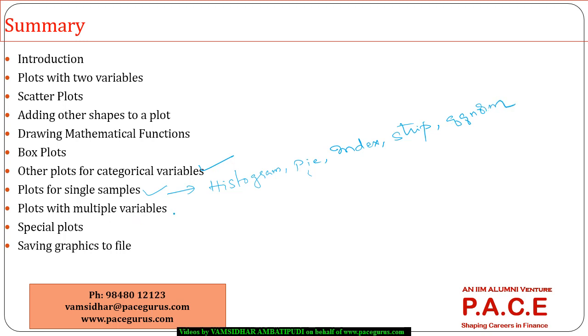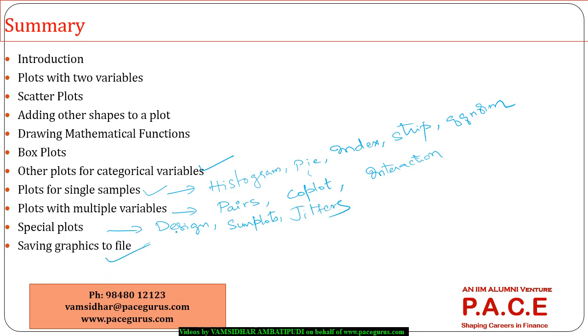Then for looking at multiple variables, we had pairs, the scatter plot matrix. We used coplot for conditional plots across the various groups. Then we also brought in interaction plots. In the special plots, we looked at design plots, the sunflower plot, and even the jitter plots. Finally, we looked at how to save the graphics to PDF files.